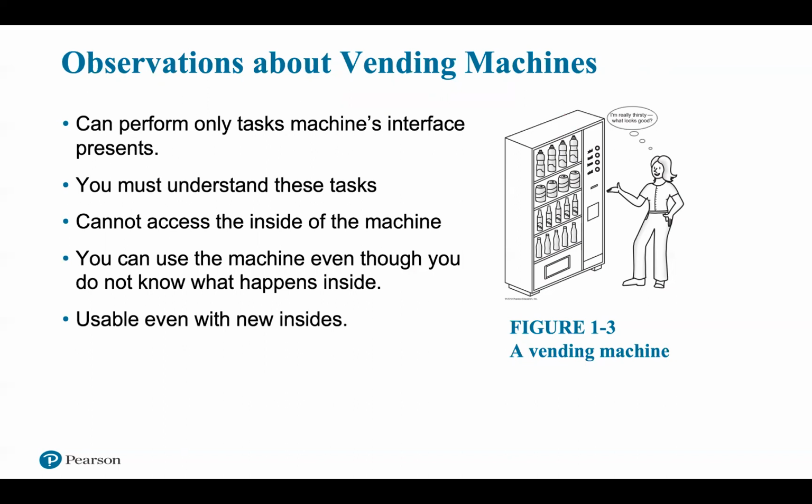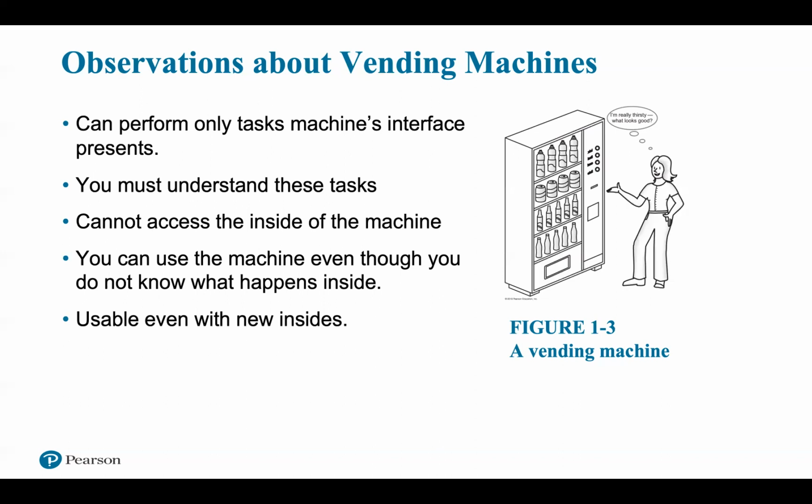By inserting some kind of money and pressing the actual or touchscreen buttons, you will be able to make a purchase. And here are some observations. You can perform only the specific tasks that your machine interface presents to you, and you must understand these tasks. That is, you must know what to do to buy a soda.